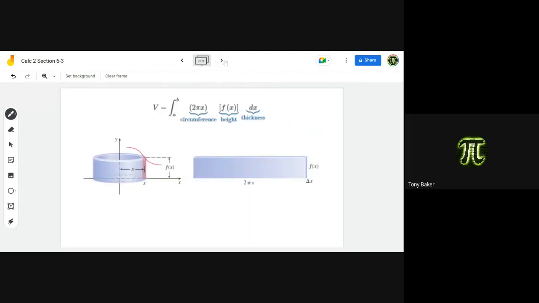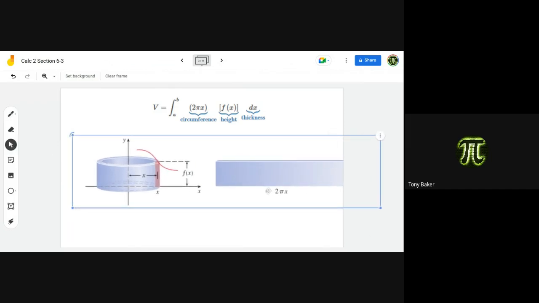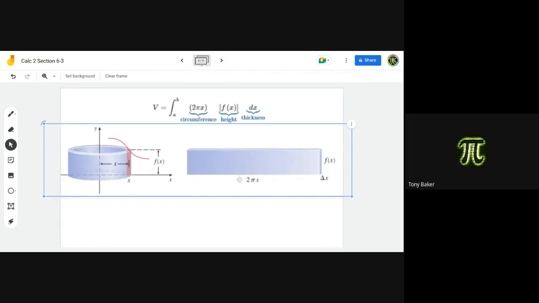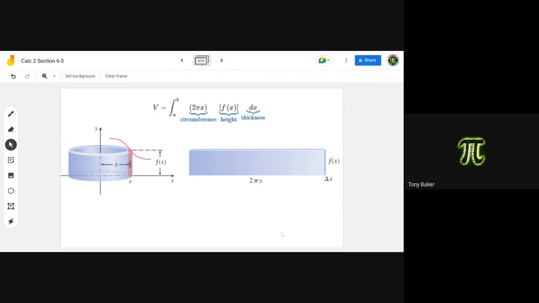This method is known as the cylinder method. The cylinder method looks at it in terms of an infinitely thin cylinder. I like to visualize it as the label on a soup can. Not the can, the label on it.